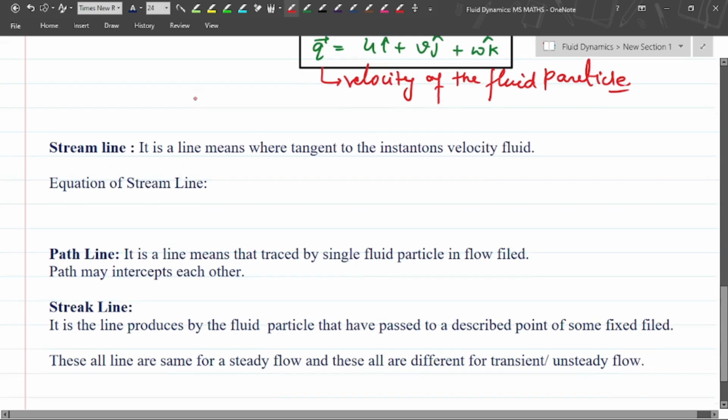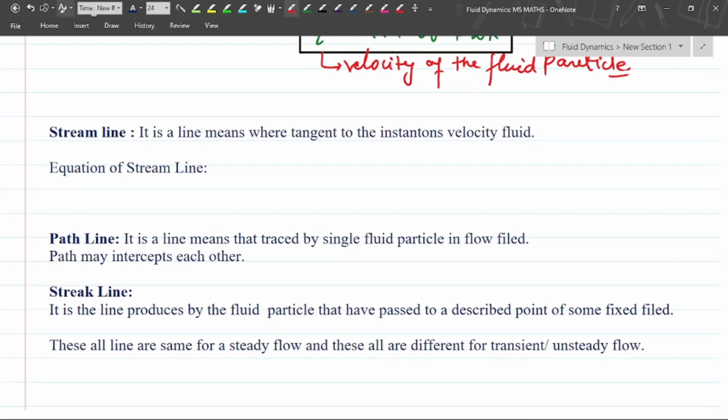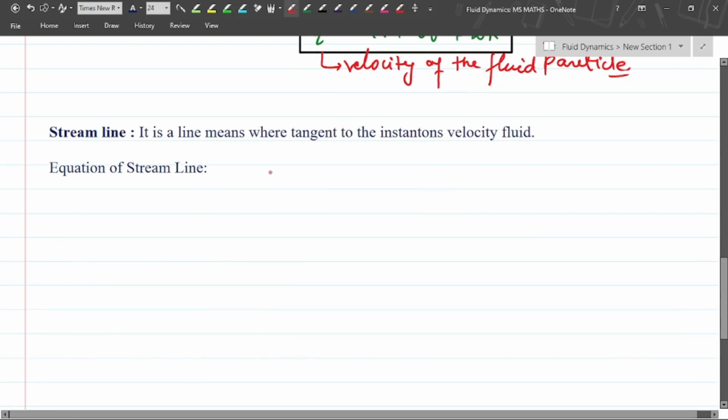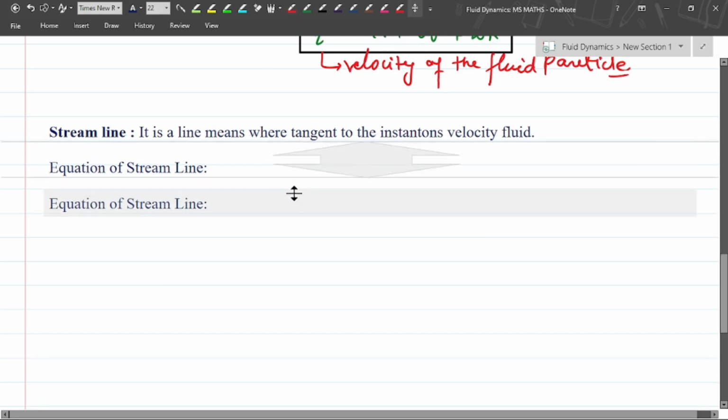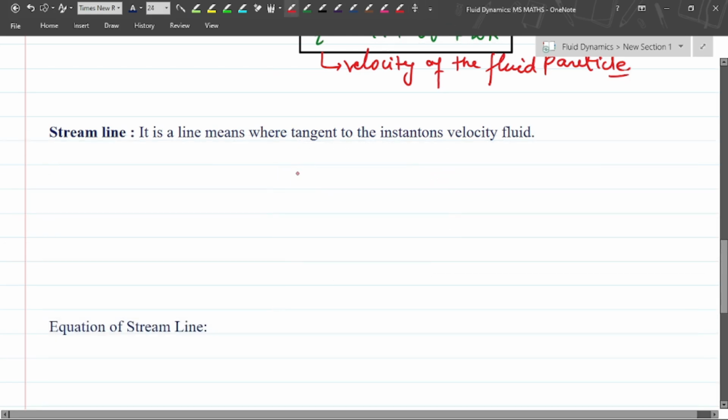One of the concepts is the streamline. It is an interesting and very basic concept of the fluid. What is a streamline? It is a line where the tangent is in the direction of the instantaneous velocity of the fluid. Basically it represents the tangent.